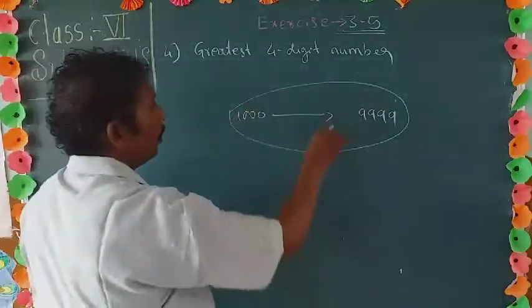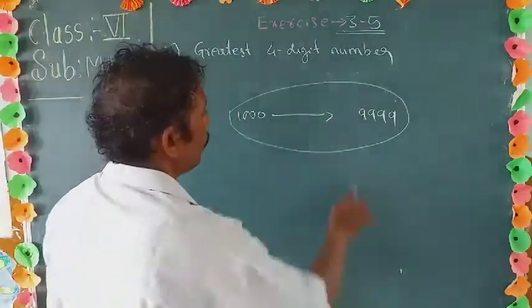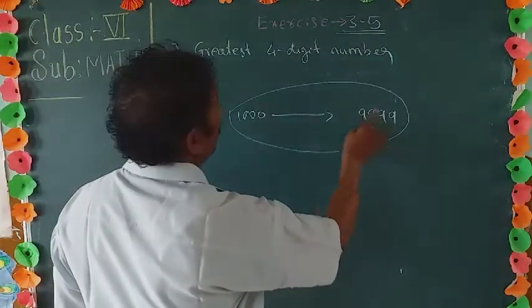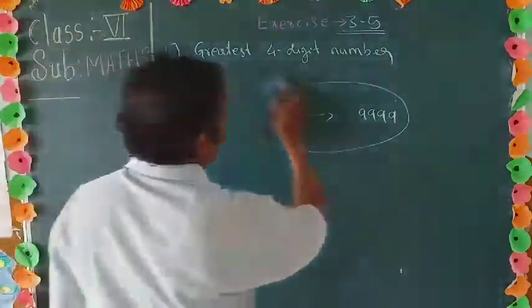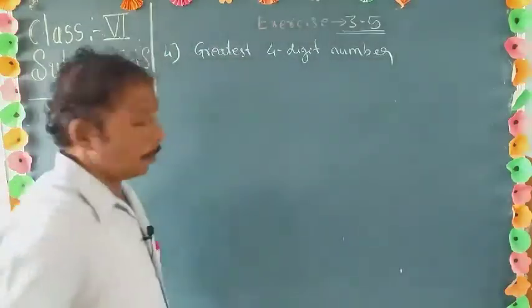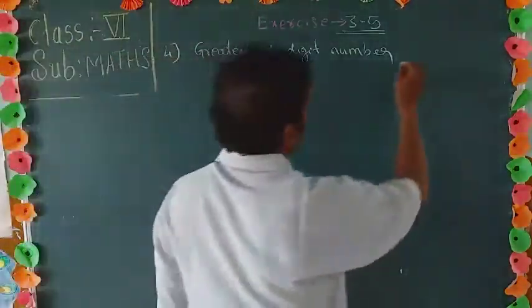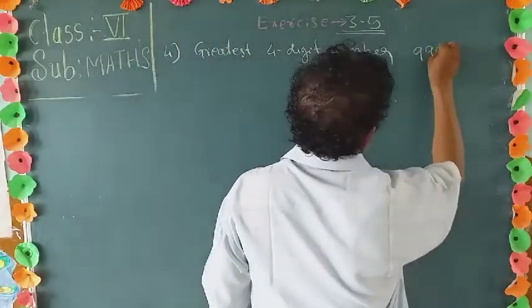So in the 4-digit numbers, 9999 is the greatest number. So students, the greatest 4-digit number is 9999.